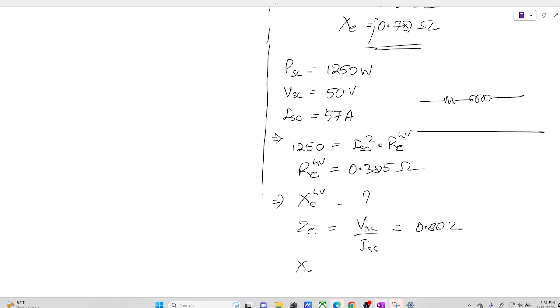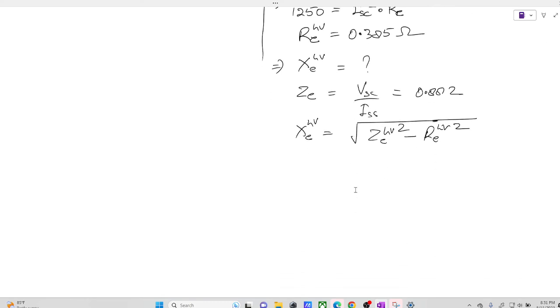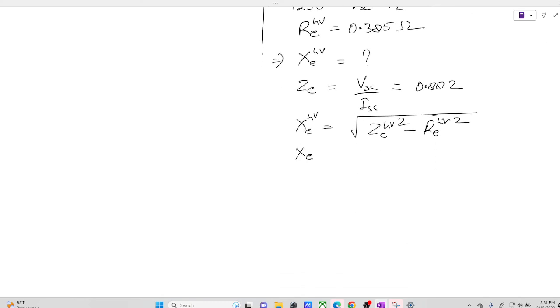So XE will be equal to the square root of ZE HV square minus RE square. We will get XE as 0.79, sir.